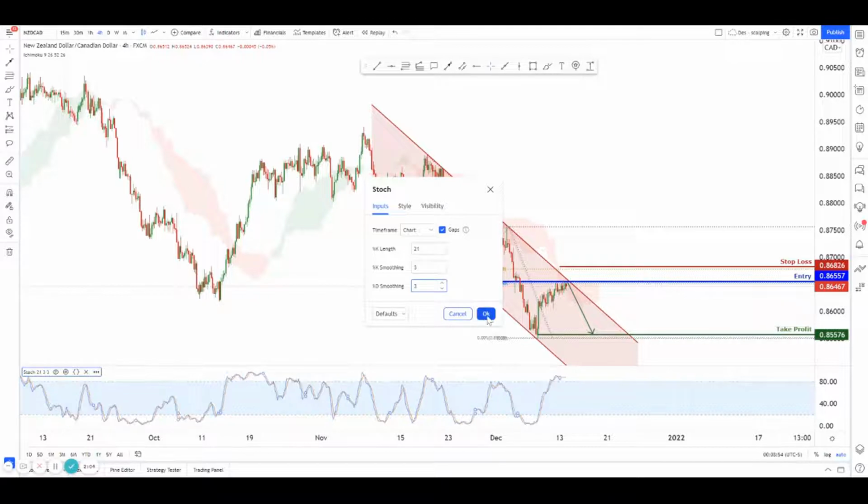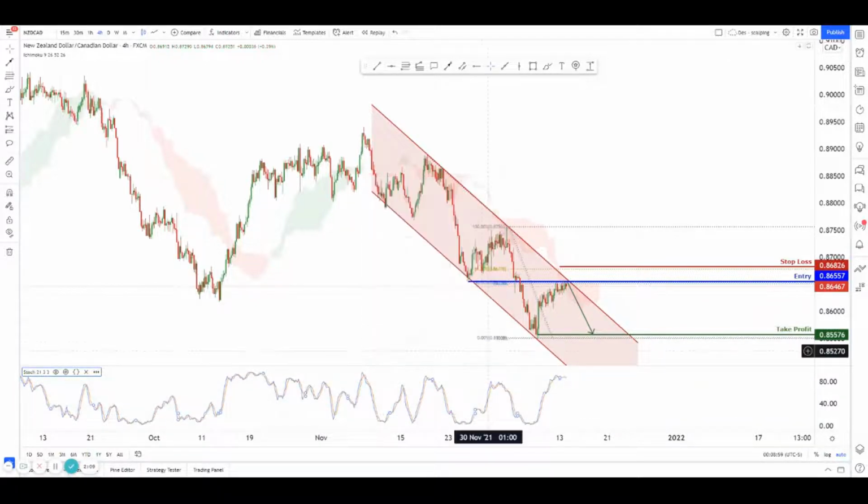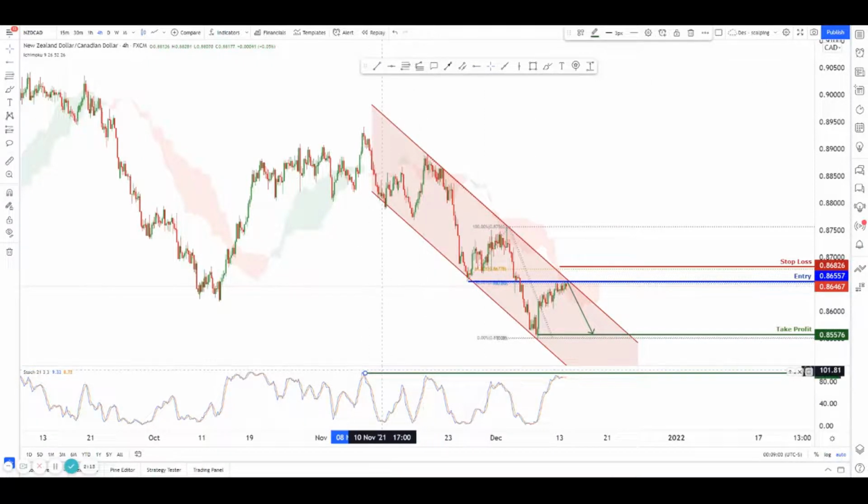Let me remove this. Here we go, around this area of resistance where all the previous big reversals happened. So price seems to be lining up quite nicely to drop all the way down to our take profit at this level.